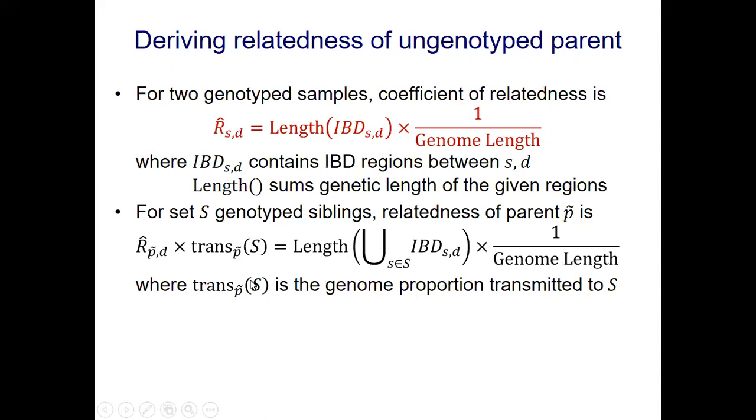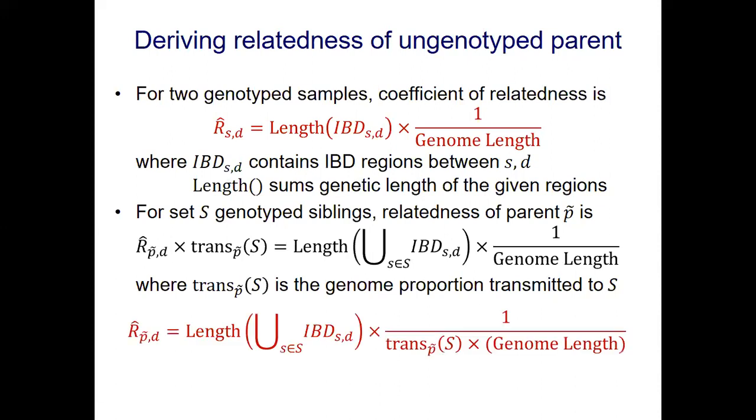Now, an additional factor that exists in this equation as compared to the above is this proportion of the genome that the parent, P tilde, transmitted to these children, these siblings, S. But of course, this number is something we can just move to the right-hand side and end up with a coefficient of relatedness between P tilde and D. Now, what this leaves unspecified is what is this proportion of the genome that the parent transmitted to these siblings.